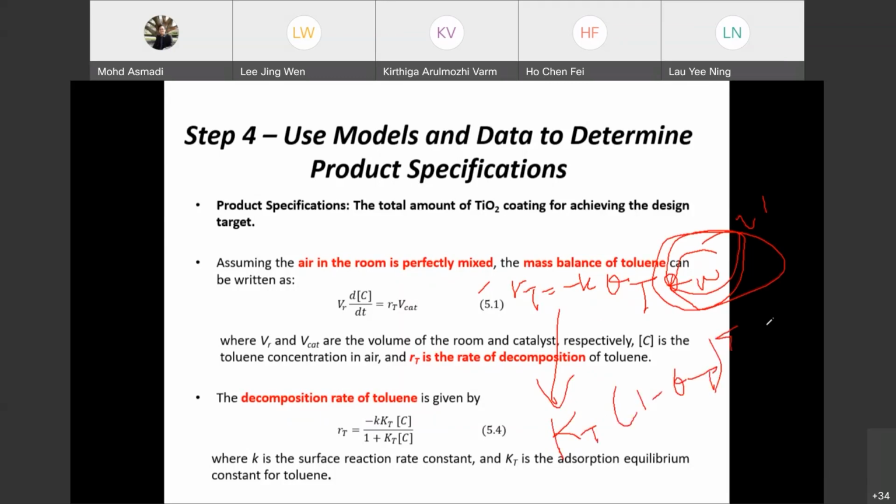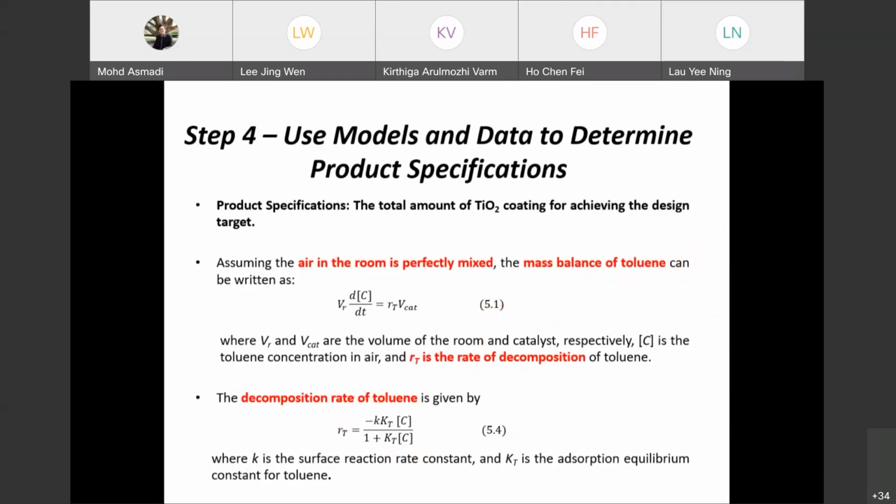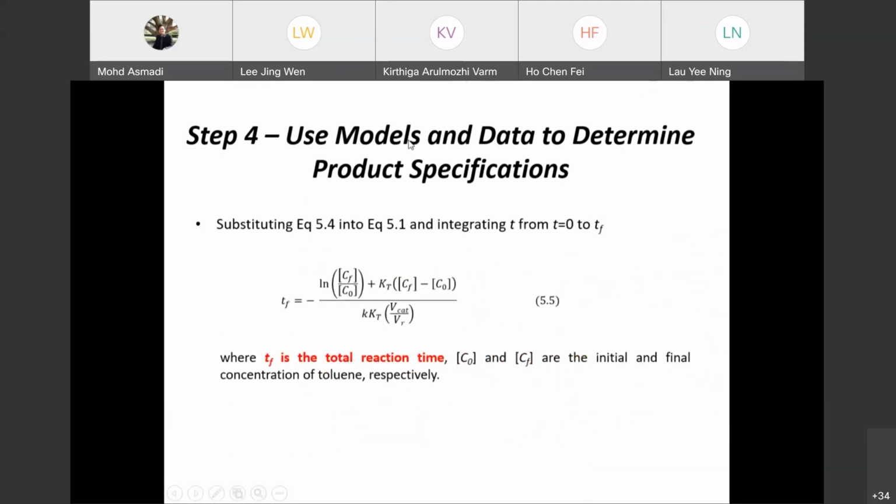Then you can get the concentration equal to theta T, just rearranging the equation based on Langmuir. Then we substitute this into this equation, so you can get the decomposition rate of the toluene. Finally, substituting into this equation, we get the rate of reaction.